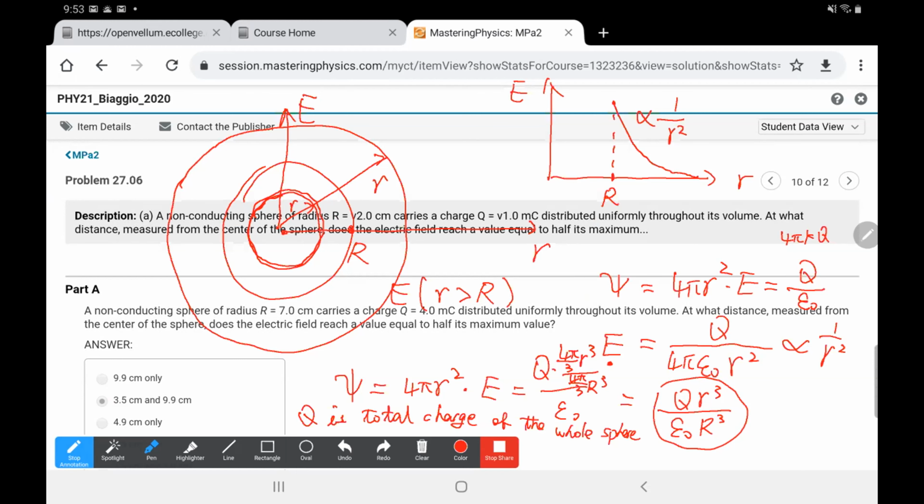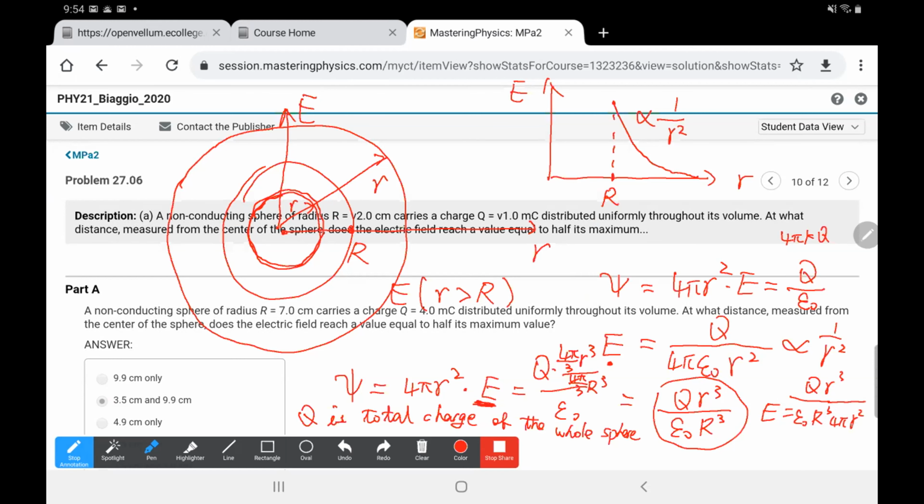Then you will use this equation to solve for E. So E could be solved as Q r cubed over epsilon naught capital R cubed, over 4 pi r squared. And you will see on the numerator there is an r cubed, on the denominator there's an r squared.